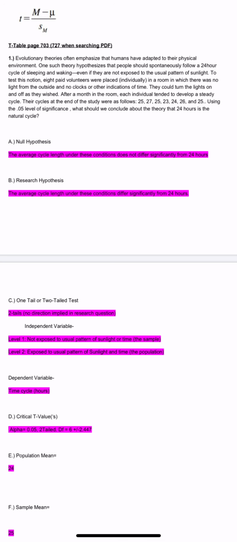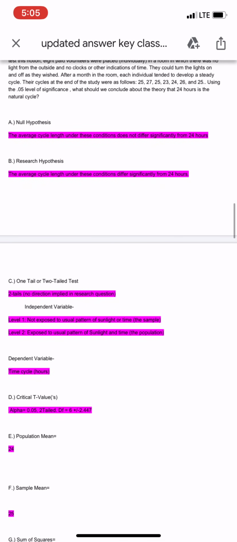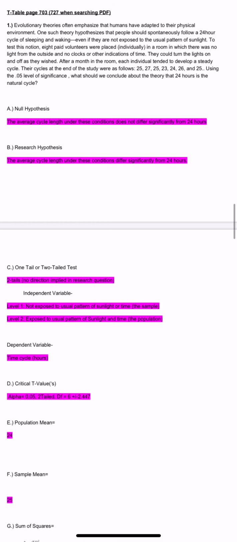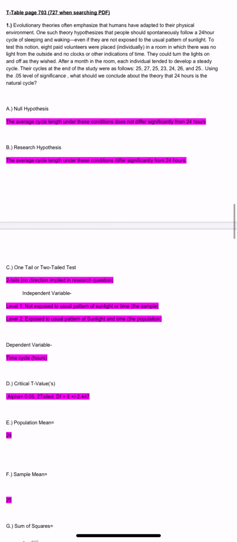Using the 0.05 level of significance, what should we conclude about the theory that 24 hours is a natural cycle? So the null here would be the average cycle length under these conditions does not differ significantly from 24 hours, all right? Because the null is always going to state that there's no difference between what you're comparing. And the research will say that there is a difference, whether it's directional or not.